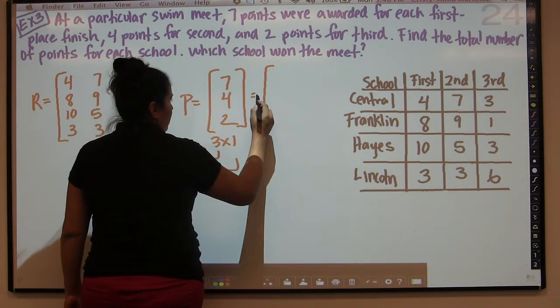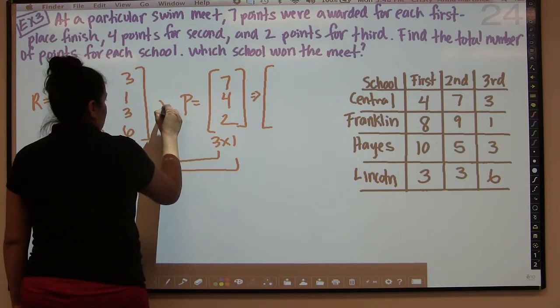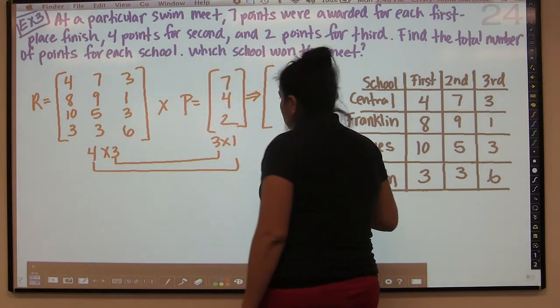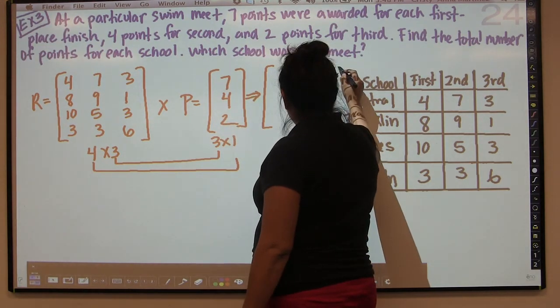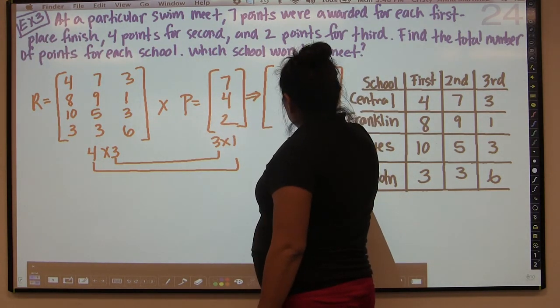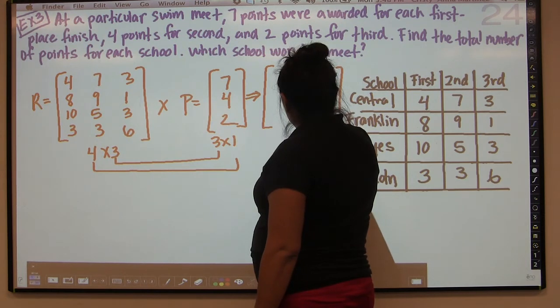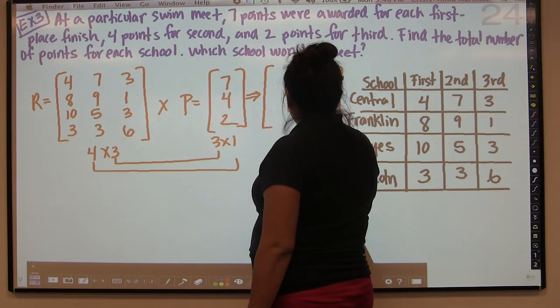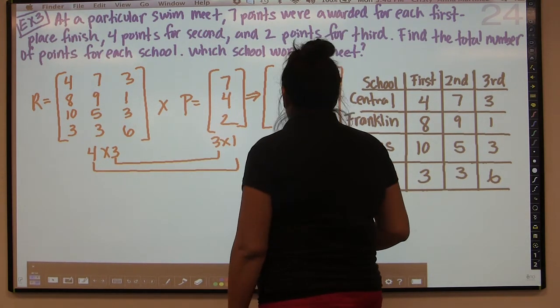So when I multiply them together, R times P, I'm going to get a resulting matrix that has 4 elements. They will be row 1, column 1, row 2, column 1, row 3, column 1, and row 4, column 1. All right?